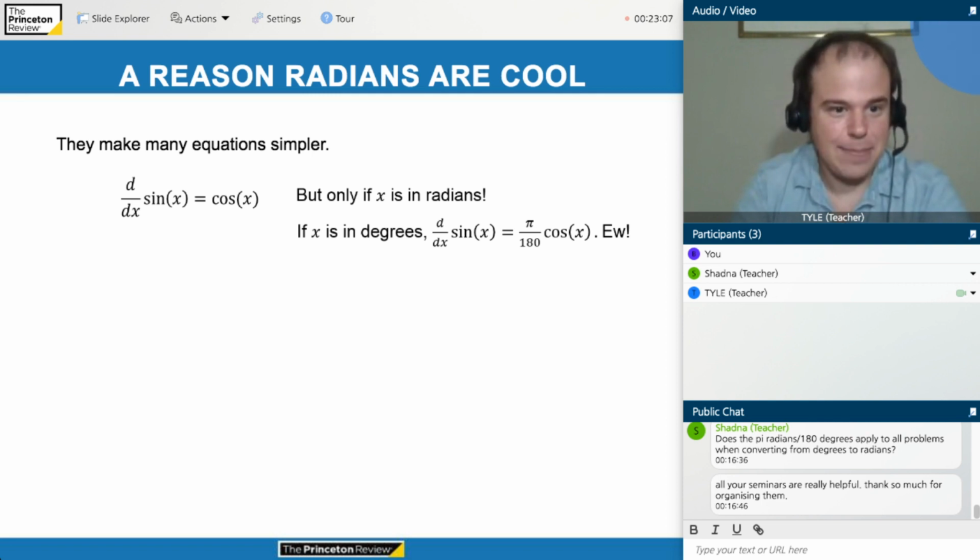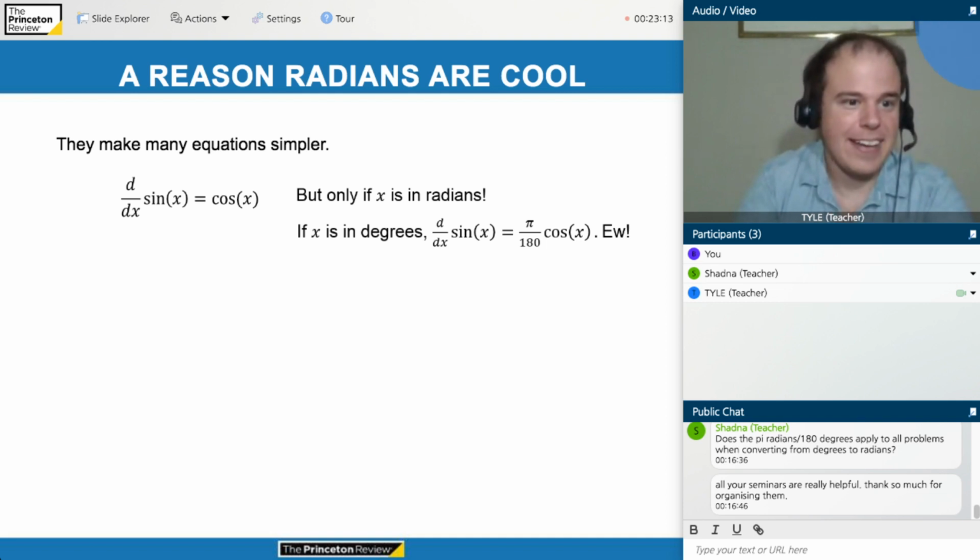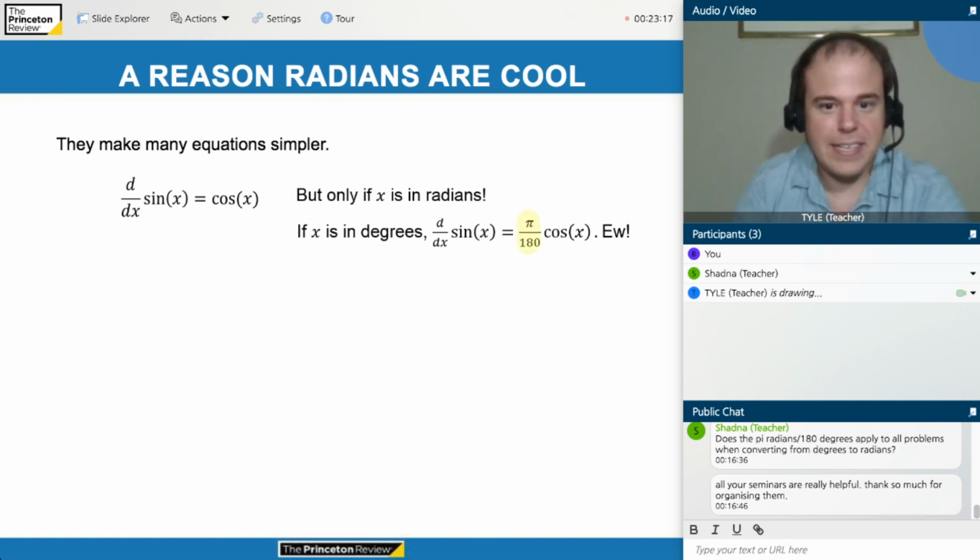If x were in degrees, the formula instead would have this extra conversion term that we would need to include. Gross. So instead, people just assume that x is in radians, and then we get the nice simple formula on the left, without that pi over 180 conversion factor.